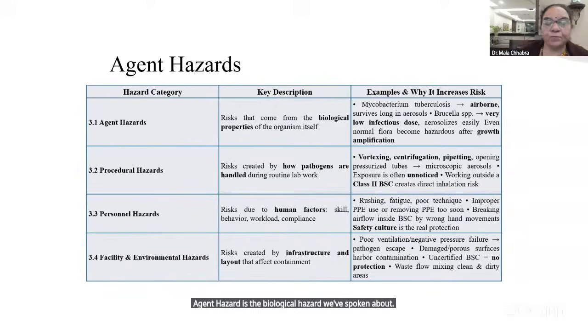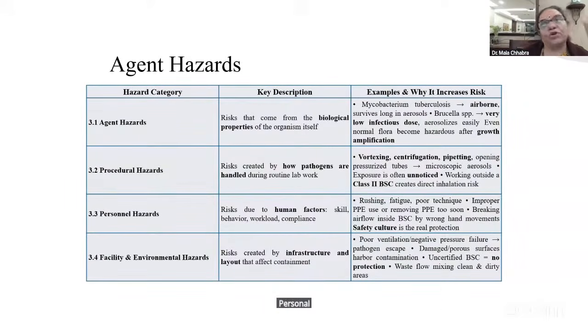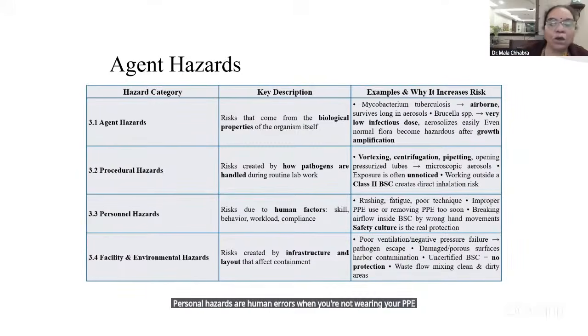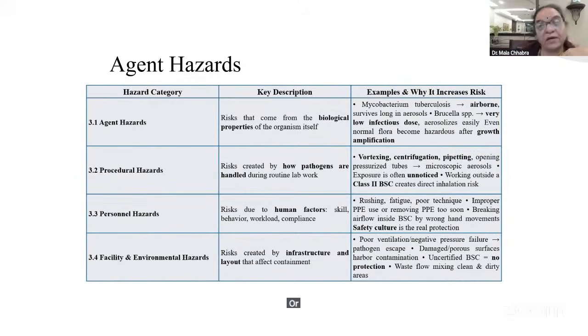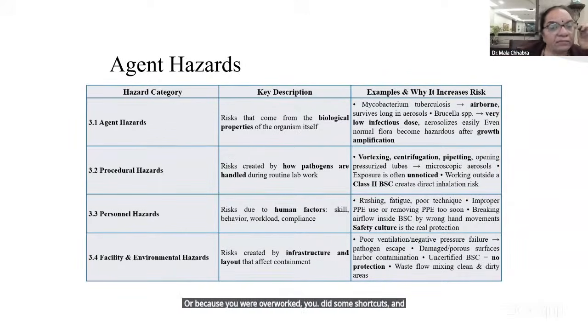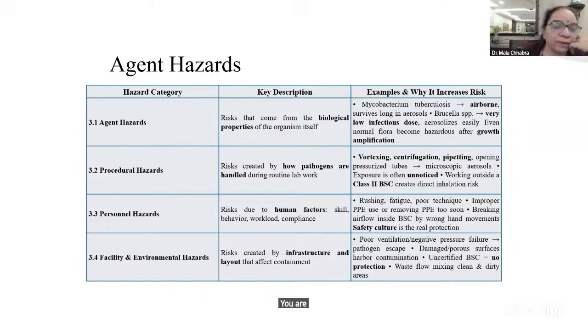Procedural hazards we've spoken about, when you're performing a procedure, whether you're pipetting or centrifuging or vortexing. Personal hazards are human errors, when you're not wearing your PPE properly, or you chose the wrong PPE, or because you were overworked, you took some shortcuts. And facility and environmental hazards are infrastructural hazards, where you are not working in a biosafety level 2 laboratory because you don't have it.